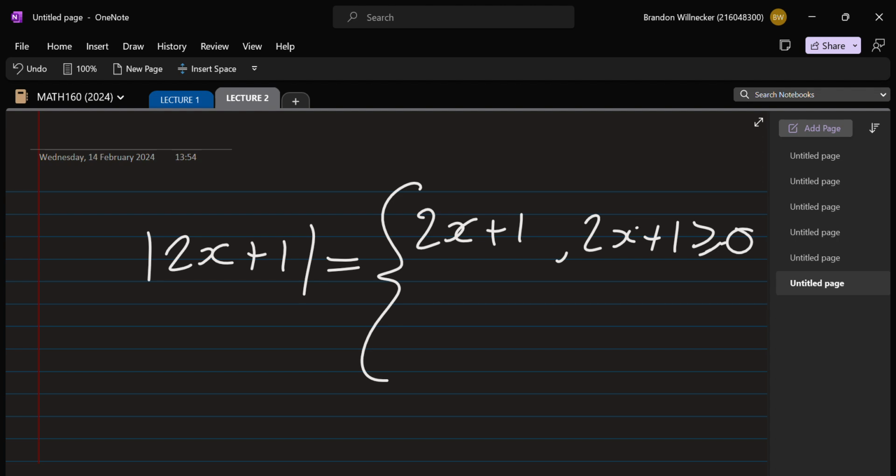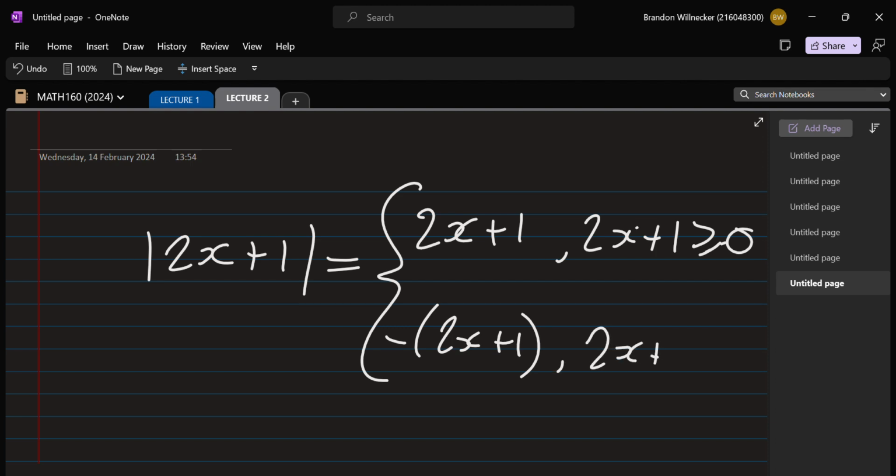The absolute value goes over the entire thing inside, so that entire thing inside must be greater than or equal to 0. Not just x greater than or equal to 0. Does that make sense? Okay. And it's going to be minus that something, so we just put minus in front of that whole thing there, if that something is then less than 0.